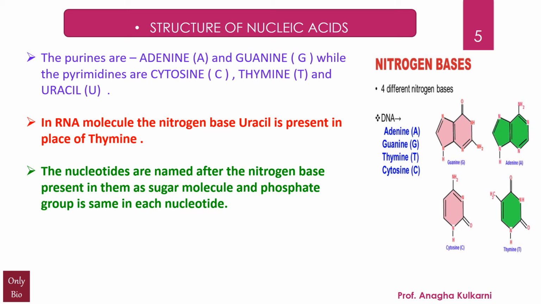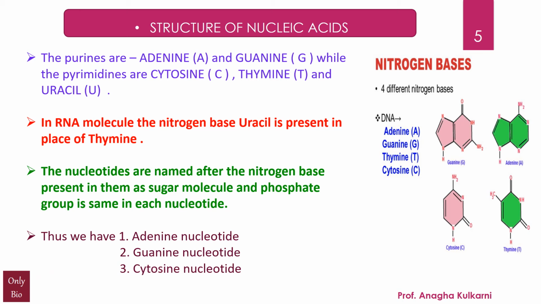Now deoxyribonucleotides have the same sugar, that is deoxyribose, and have the same phosphate group in each of the nucleotide. The difference here lies only in the nitrogenous base that they carry. So we have adenine nucleotide, guanine nucleotide, cytosine nucleotide, and thymine nucleotide in DNA molecule.